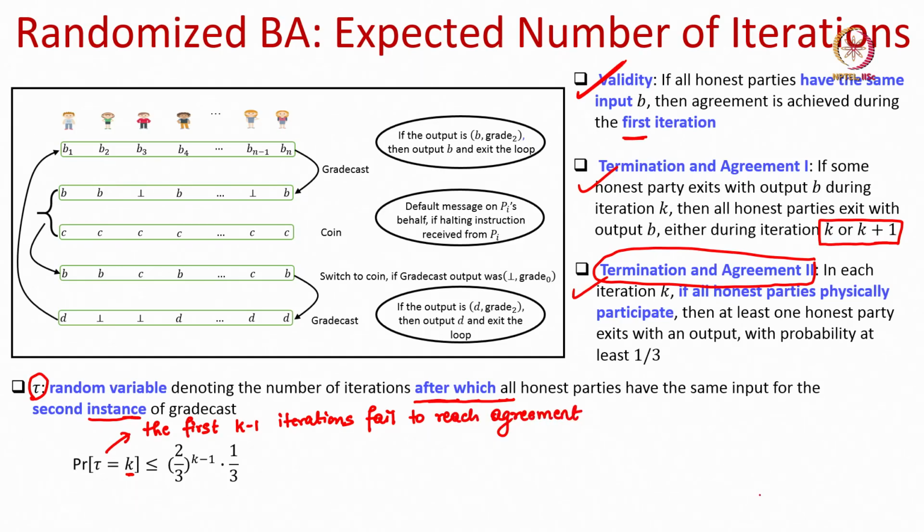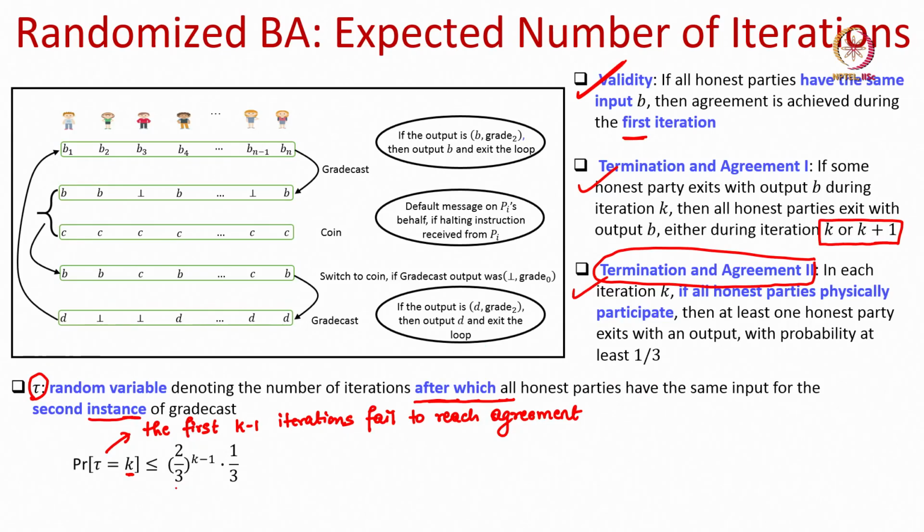And it is only during the kth iteration that all the honest parties have the same input for the second invocation of the Gradecast. If all the honest parties have the same input for the second instance of the Gradecast, then we know that termination will be guaranteed in iteration number k. Otherwise, the parties have to go to the next iteration again.